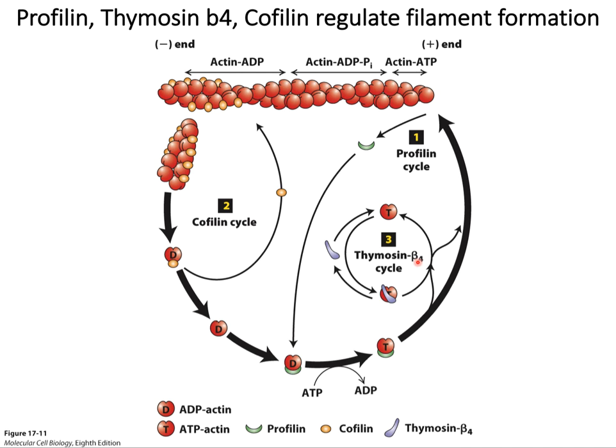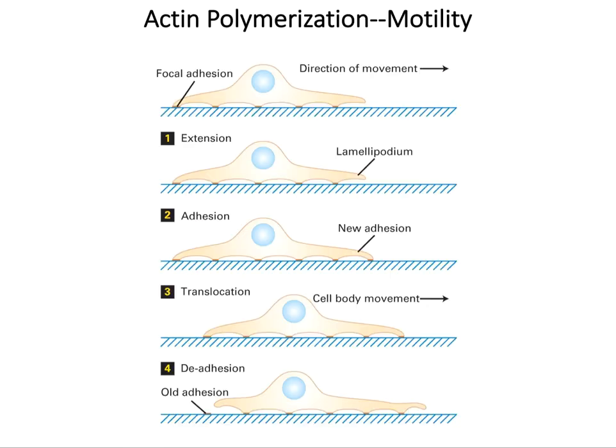But what is interesting is that thymosin beta 4 bound to G-actin and free G-actin monomers are in dynamic equilibrium. So if the G-actin concentration in the cell goes down, this will naturally cause the release of G-actin monomers from the thymosin beta 4 and will release more monomer to be incorporated into the plus end. So there are three proteins that regulate the filament formation in the cell.